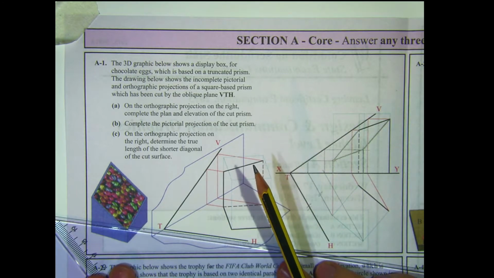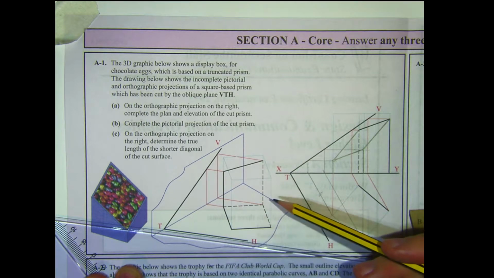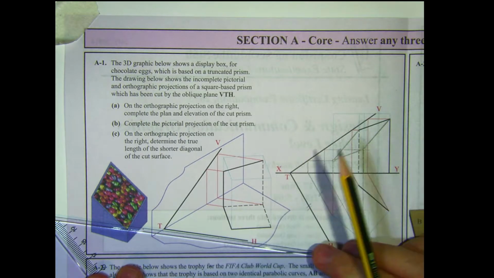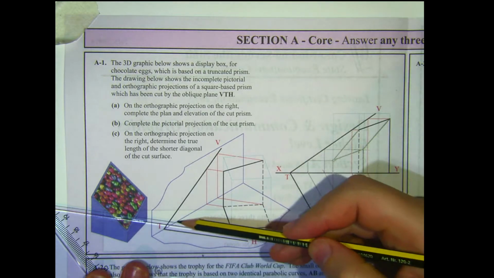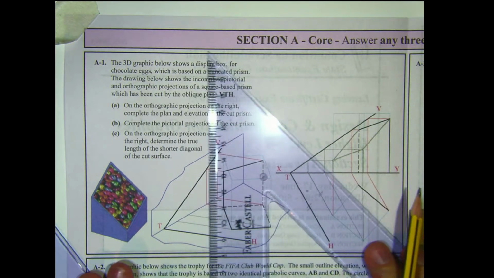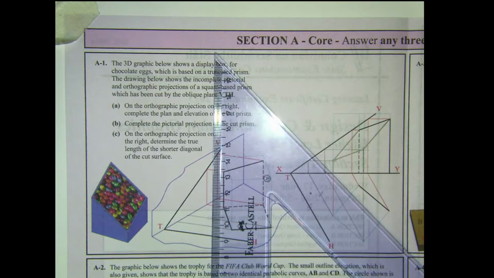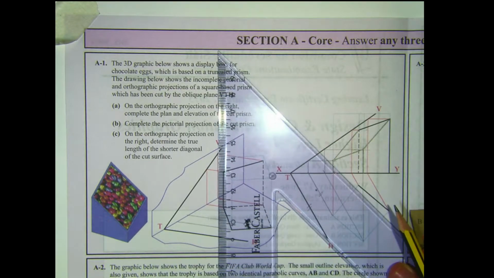So need to take a line this way. They've kind of shown us what we're doing. Taking a line parallel to, again, HT, just like what you did down over here, and do it for the other one as well. Taking a line vertical until it hits VT.